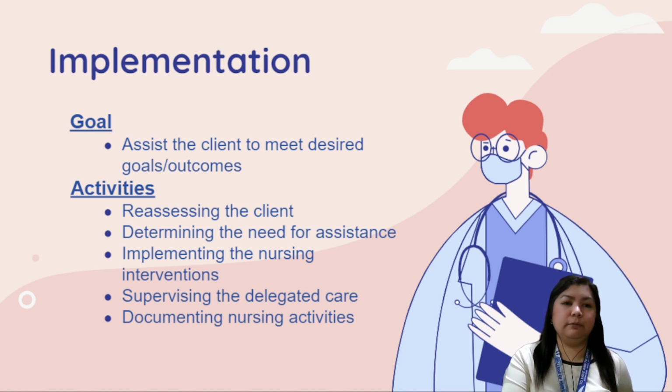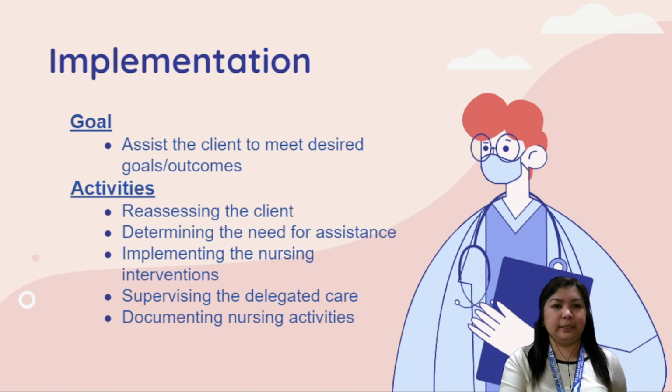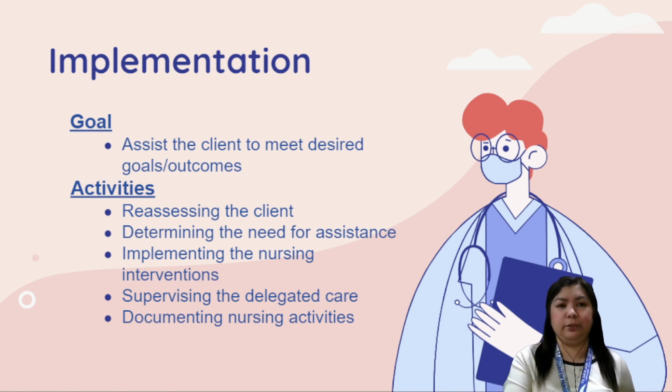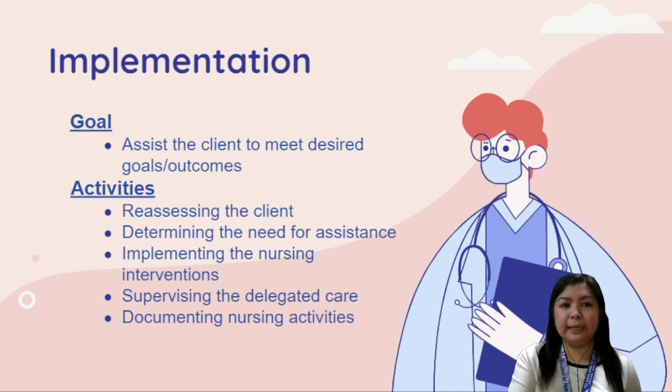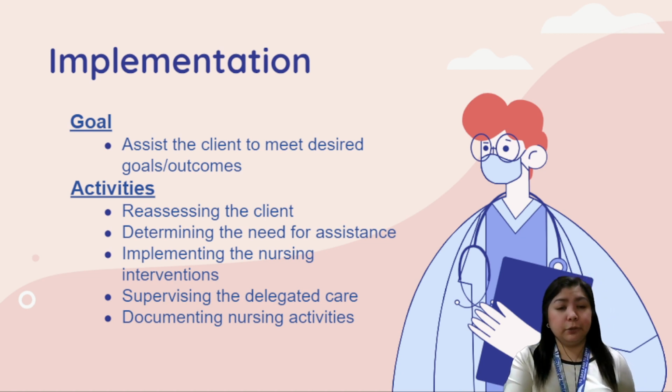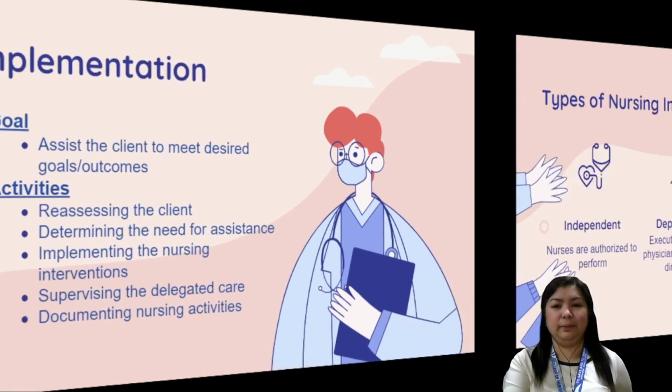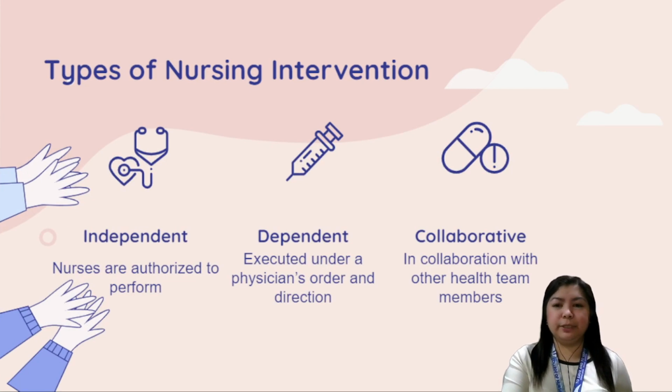Activities in the implementation involve reassessing the client, determining the need for assistance, actually doing the nursing interventions, supervising the delegated care, and of course, documenting the procedures that you had performed to the client. Because as we have mentioned, anything that is done to your patient but is not documented is considered not done.